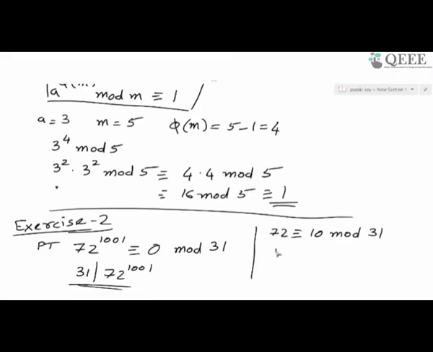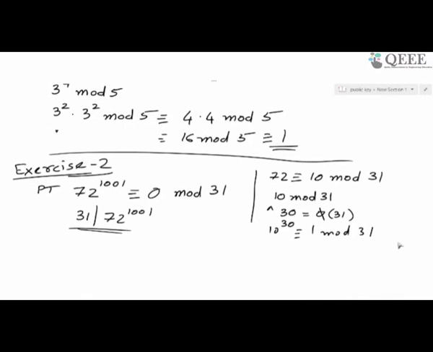And if you take 10 mod 31 and raise it to the power of 30, that is phi of 31, then 10 to the power of 30 is congruent to 1 mod 31. So you can take this as a clue, and from here try to actually prove this.